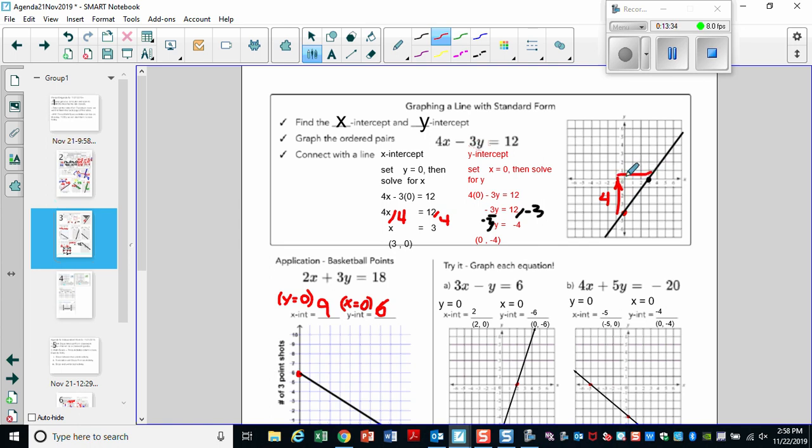So we start here, go up, and then go to the right 3. And then you follow that trend. Up 1, 2, 3, 4. Go to the right, 1, 2, 3. And so on.